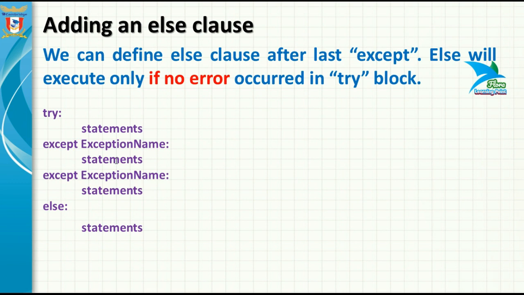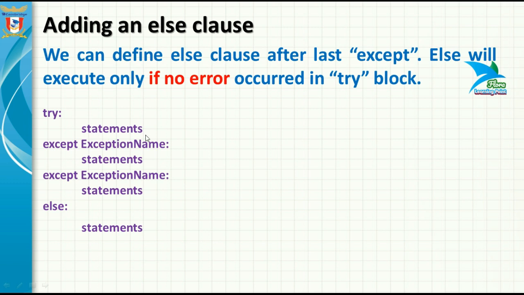Next, we will discuss adding an else clause with a try. We can define the else clause after the last except. Else will execute only if no error occurred in the try block. As we know, if an exception occurred in the try block, then the specified except block will be executed.